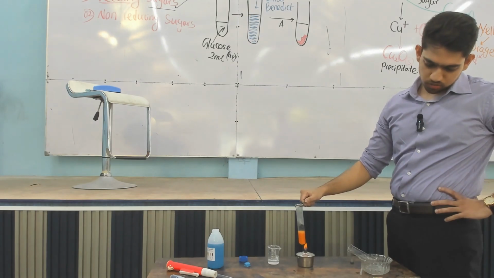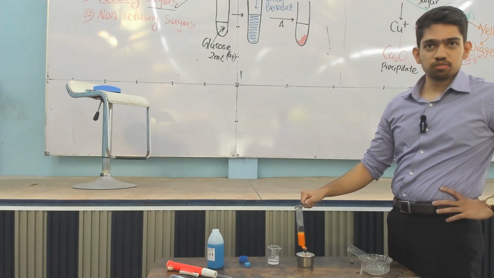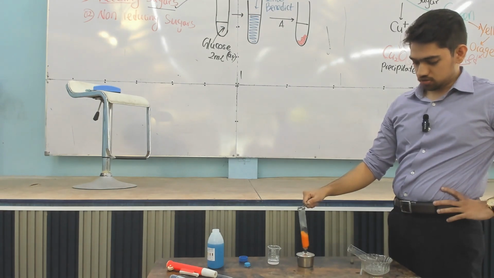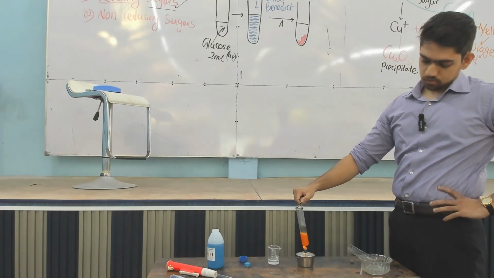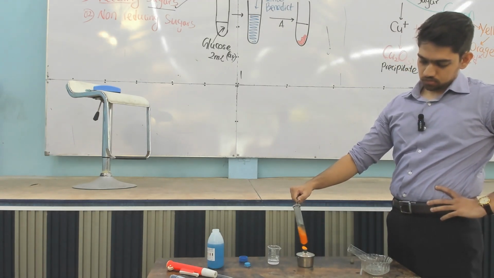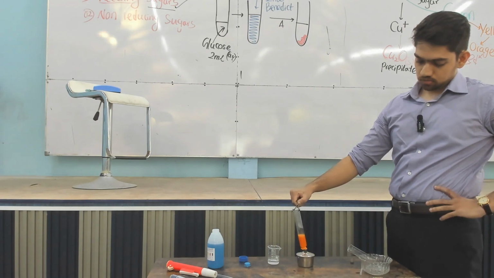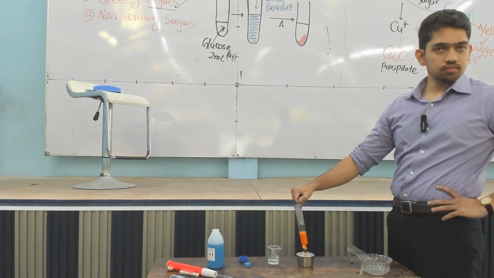the glucose nowadays is not pure glucose. Vitamin C, so it's not purely glucose. So you have a nice orange color. I think that's all the color change we are going to get.